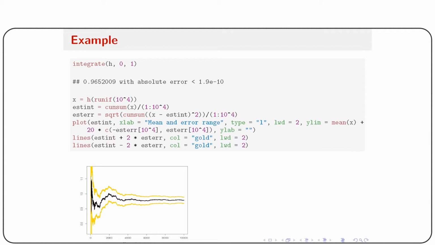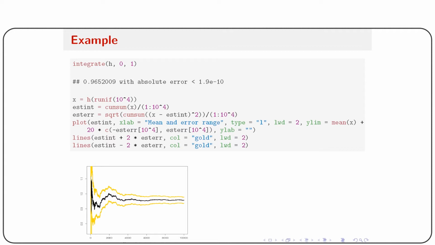Then we can plot the actual integrated value and the 95% confidence interval with this code. You can just go through this code, which might help you understand how this plot has been generated.